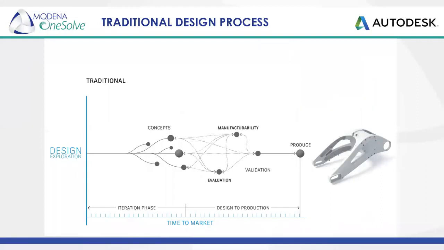However, because of the limited amount of concepts during the initial iteration phase, we find a scenario where the product being produced is identical to the ones being sold by our competitors, eliminating our competitive edge. Another scenario would be from the few concepts explored, none of them meet our manufacturing objectives, either because they're too costly to produce with the chosen method of manufacturing, or we simply do not have the machine technology to make a complex design.